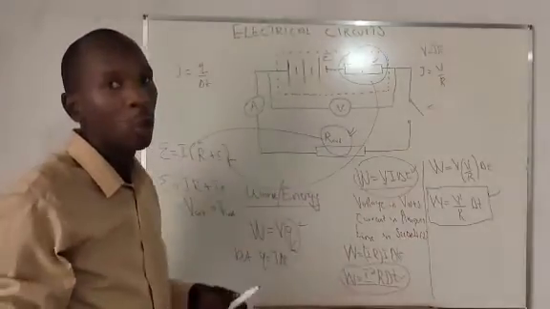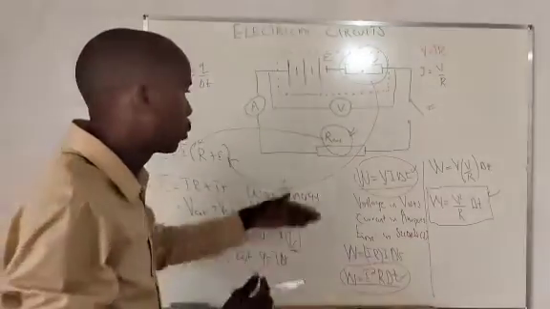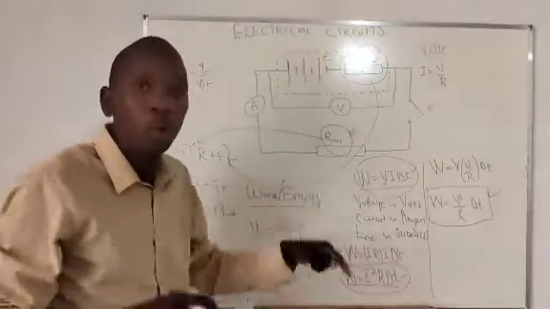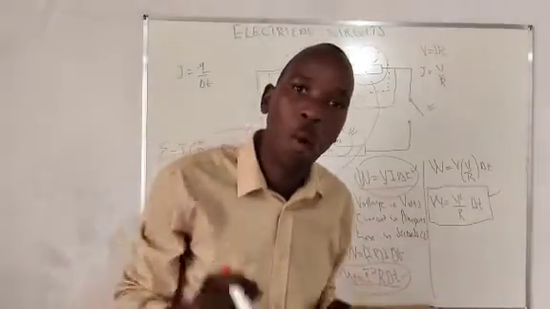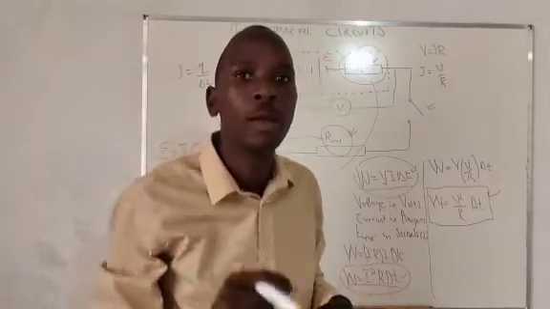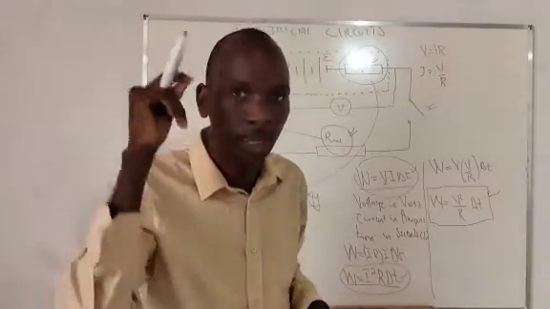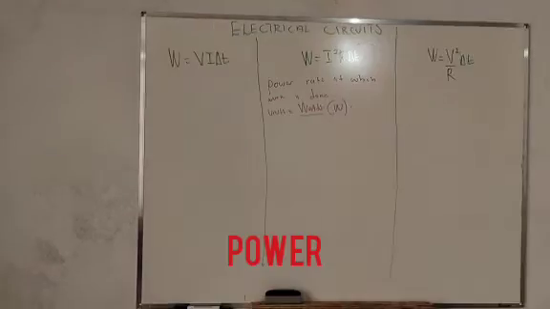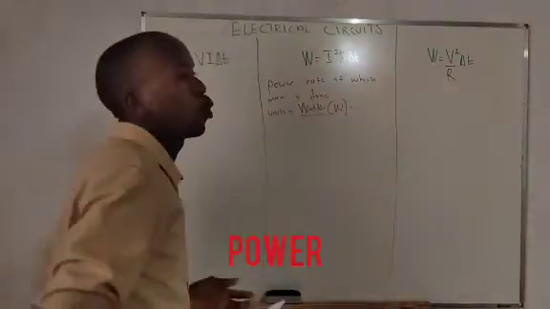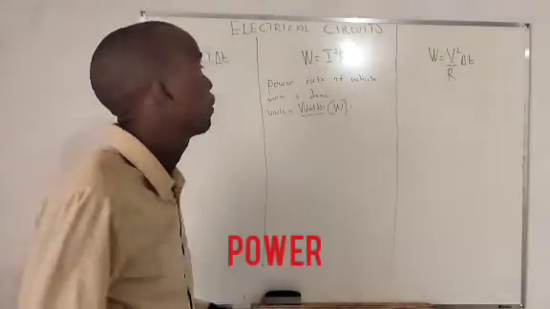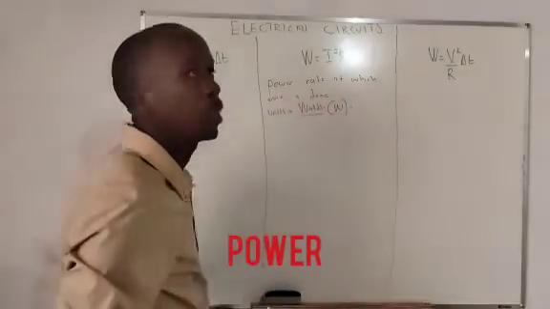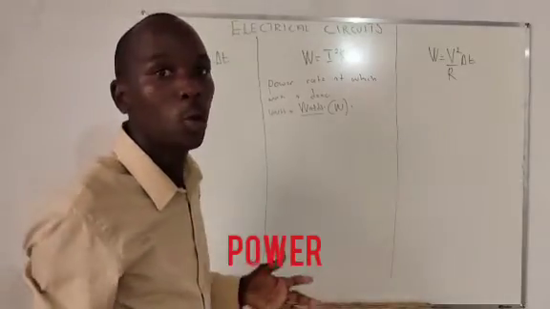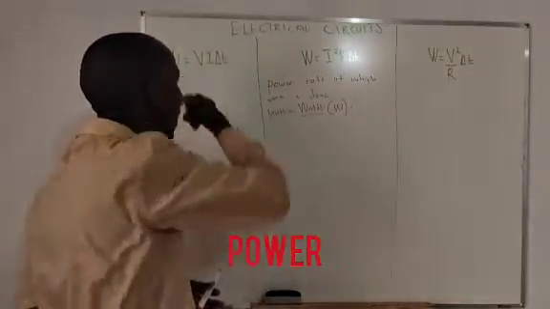From these formulas, I'm going to show you how to derive a formula for power, from work to power. Remember, power is the rate at which work is done. So I want to show you how we can derive the formula for power from the formula of energy dissipated by an electrical component, sometimes referred to as work.